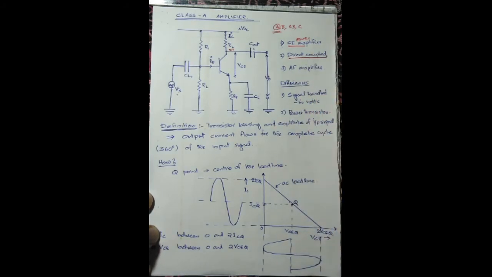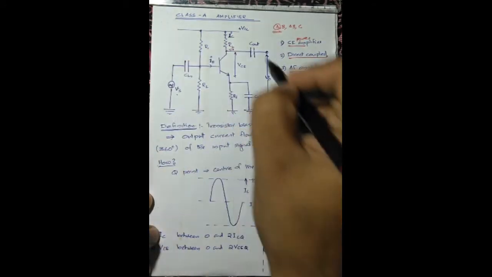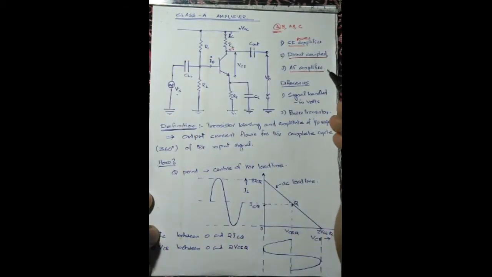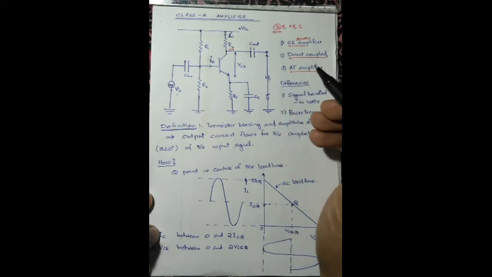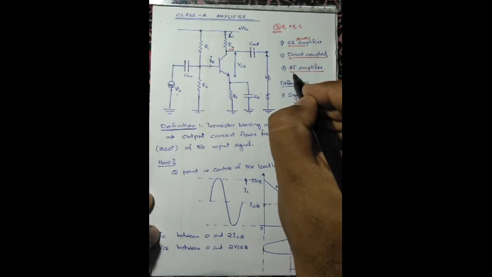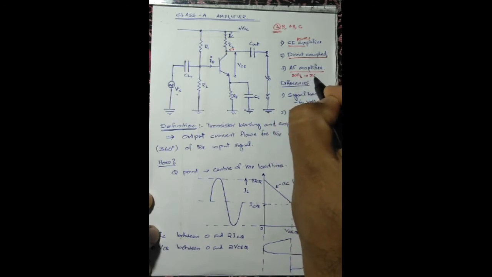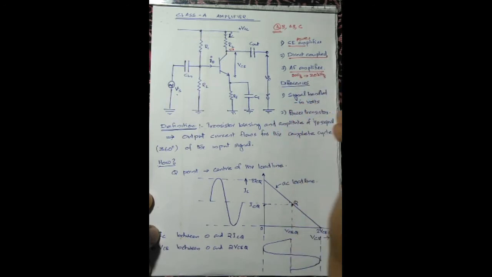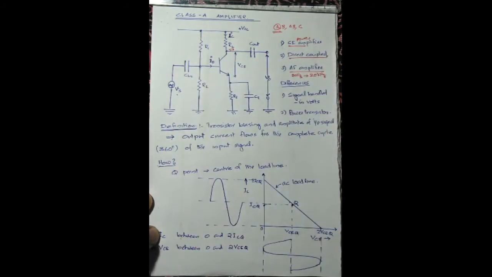It is an audio frequency amplifier, which means class A amplifiers are usually used for the amplification of audio frequency signals in the frequency range 20 hertz to 20 kilohertz. So these are the common features of a class A amplifier.